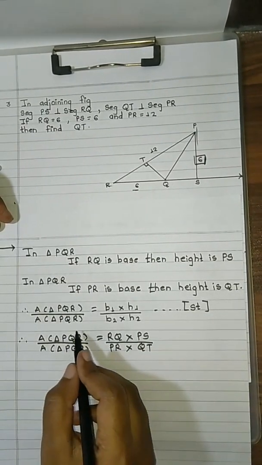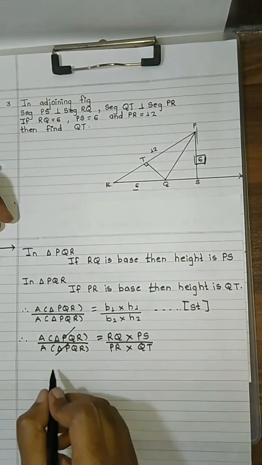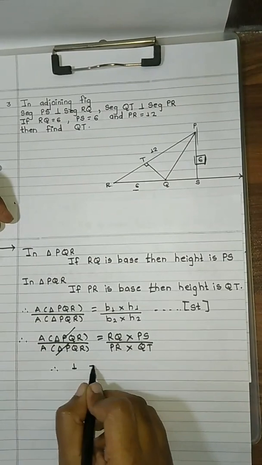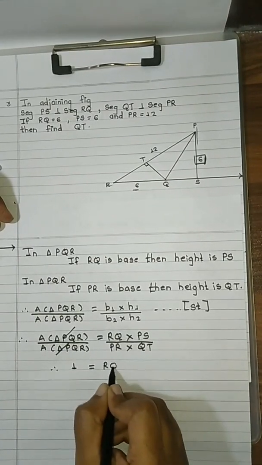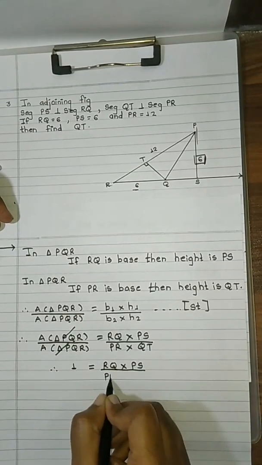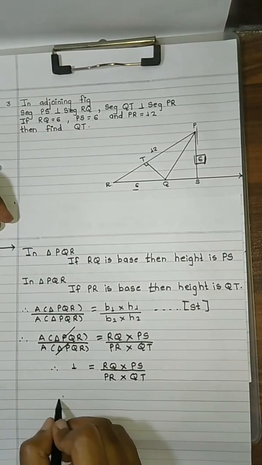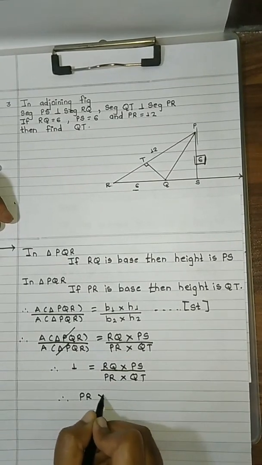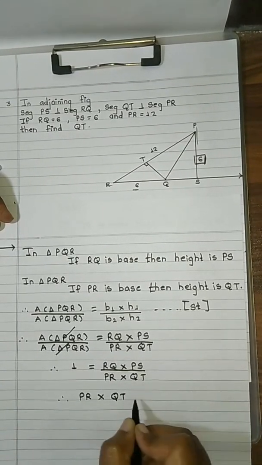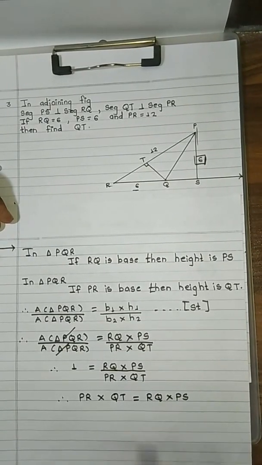So area of triangle PQR upon area of triangle PQR is cancelled and you have here 1 is equal to RQ into PS upon PR into QT. Therefore, PR into QT is equal to RQ into PS.